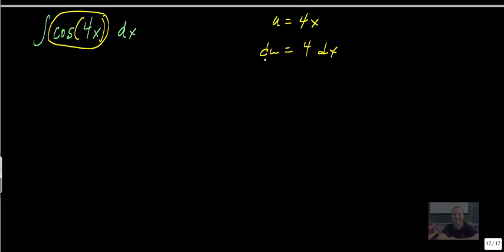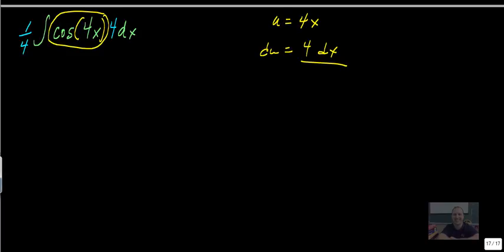I like just going with this spot right here, and you say, this is what I need in order to replace it with du. So you go over here and you say, hey, I need a 4 dx here to make this U substitution work. When I multiply by a 4, I would have to divide by a 4 to balance that out. So you just put a 4 there, a 1 over 4 outside, and we're good to go.